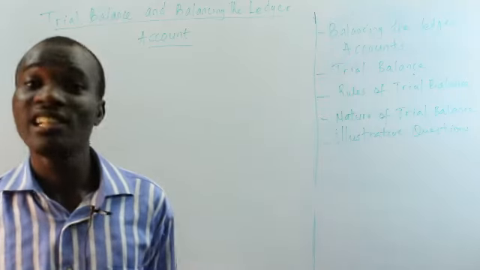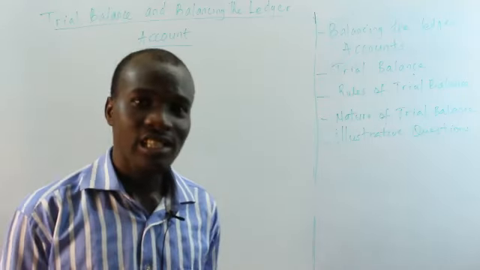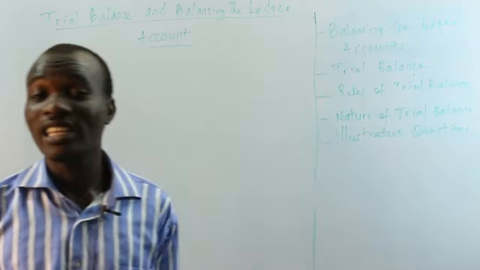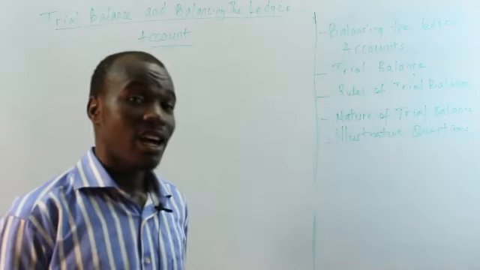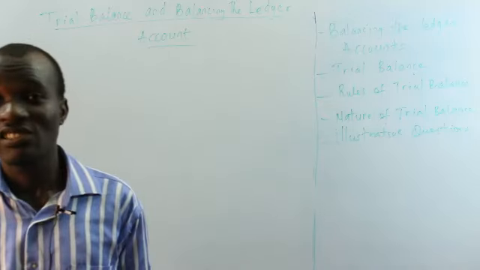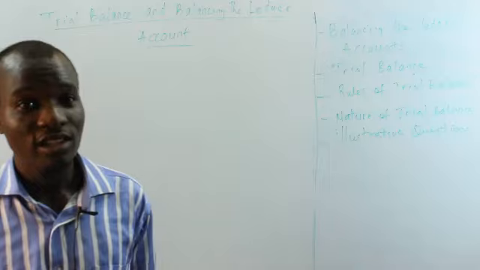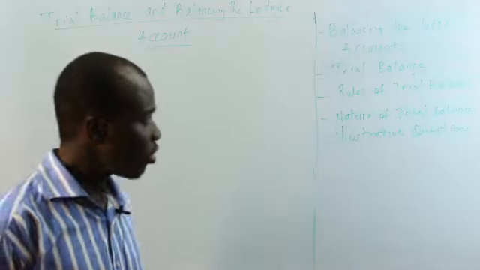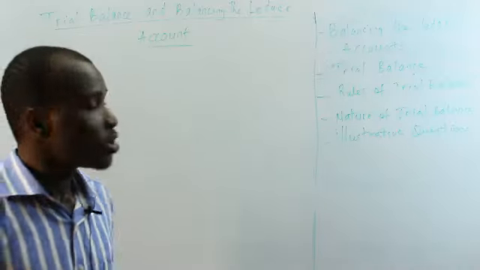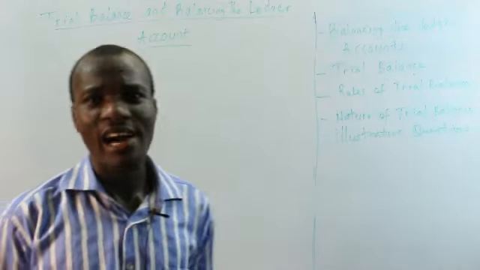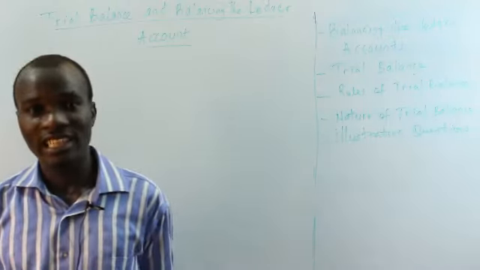So trial balance is the list of balances of the ledger. It shows the total debit entry and the total credit entry. When talking about the trial balance, it is the list of all debit and credit balances of the ledger.